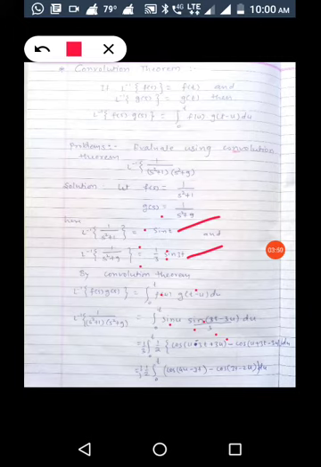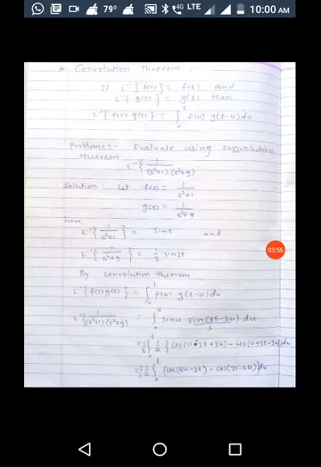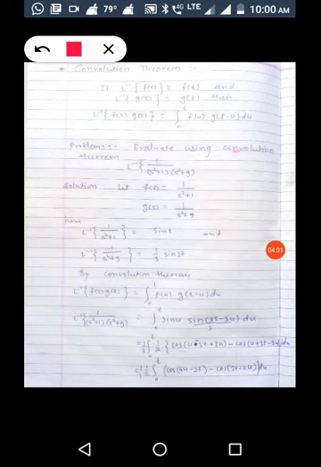So let me write 1 upon 3 outside, and the value of sin u into sin 3t minus 3u is nothing but 1 upon 2 into cos u minus 3t plus 3u. This is because of the cos a minus b and cos a plus b formulas. Remember those formulas and write the value.